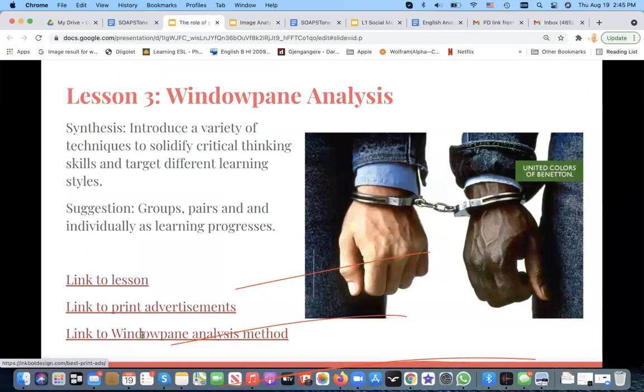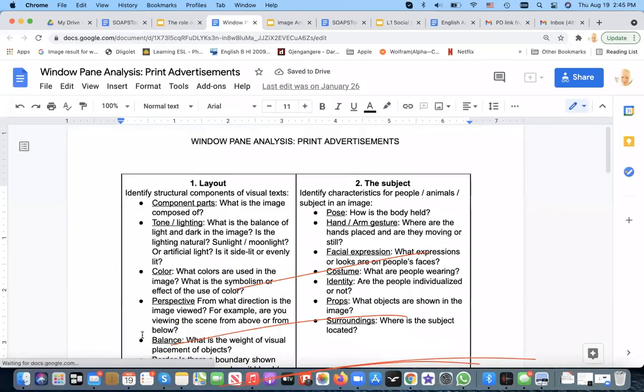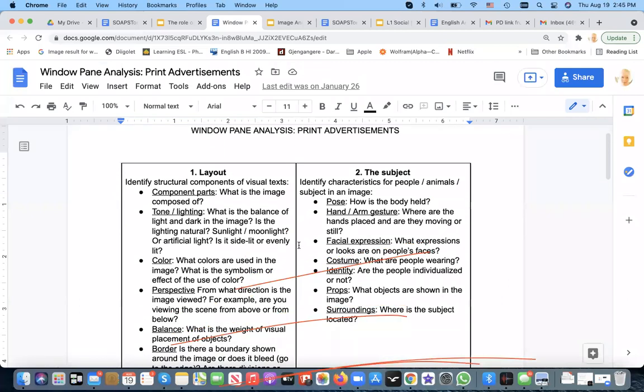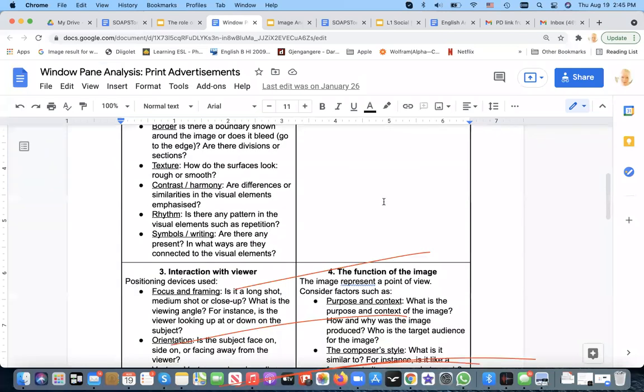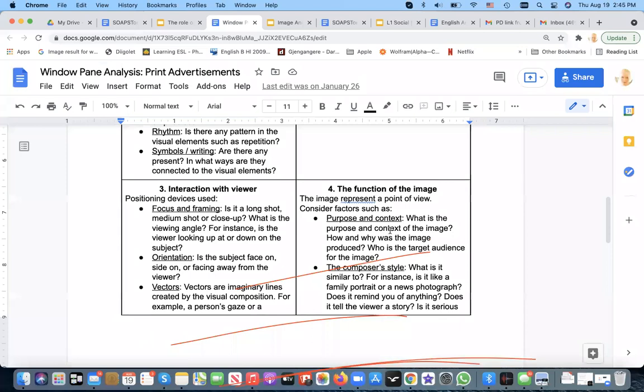This is the window pane analysis method. So here are lots of questions, right? The layout, the subject, the interaction with the viewer, the image represents a point of view. There's a lot of questions here.